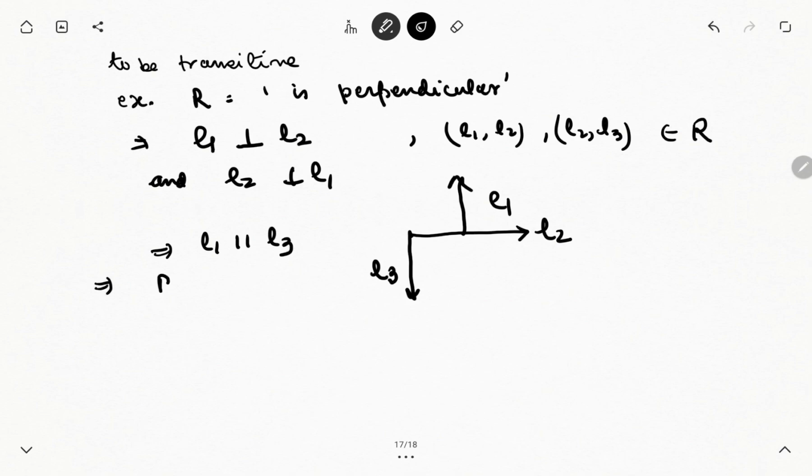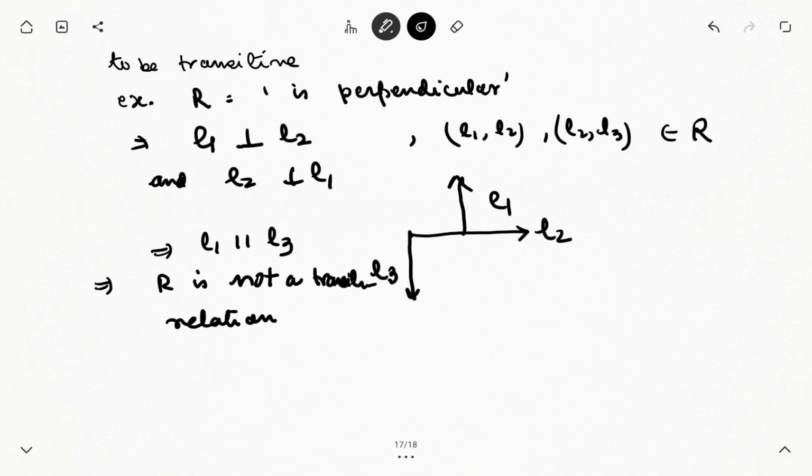This implies R is not a transitive relation, right?